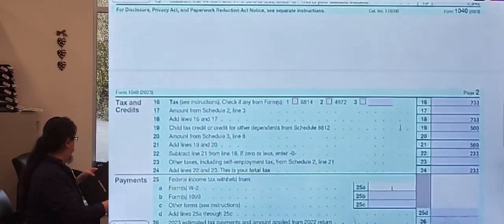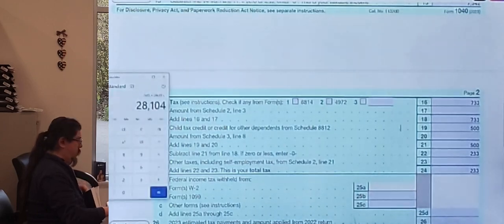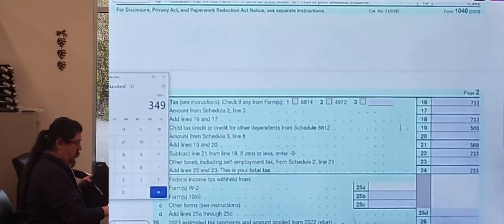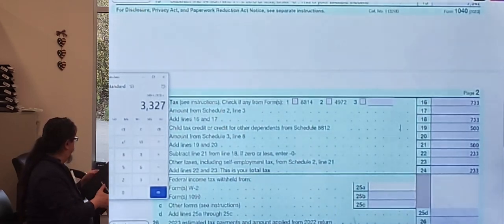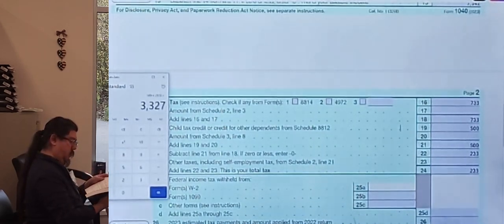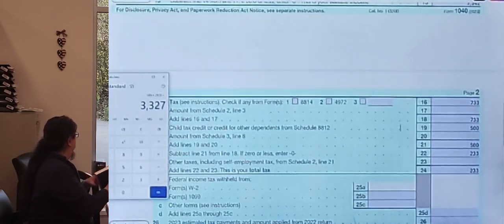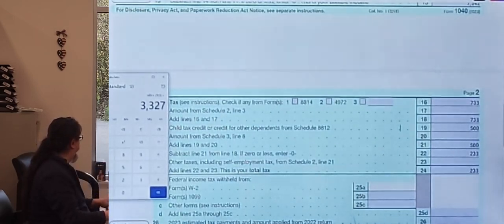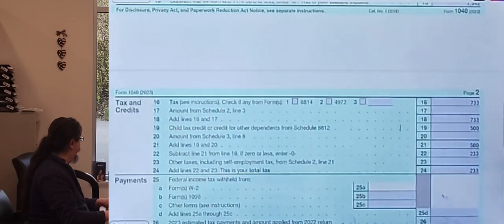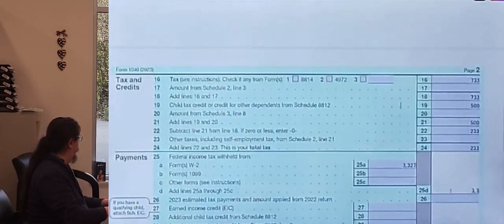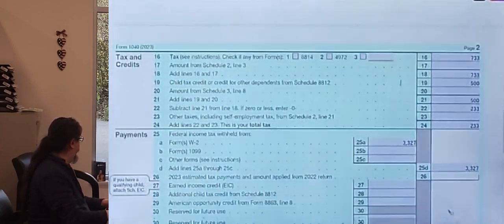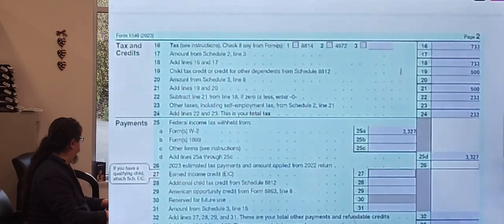2,978. Okay. 349. 3,327 total? Yep. So we would put that 3,327 as his withholding, and no estimated payments, none of these.